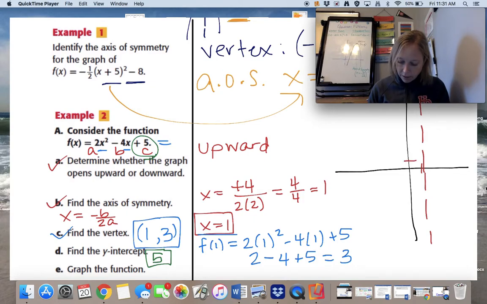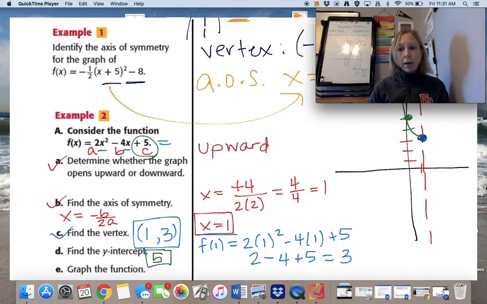My vertex is over 1, up 3. So my vertex is going to go right here. My y-intercept is at 5. So I'll draw that on there next. I've got 1, 2, 3, 4, 5. Okay. I know my parabola opens upward, so it's going to look something like this.